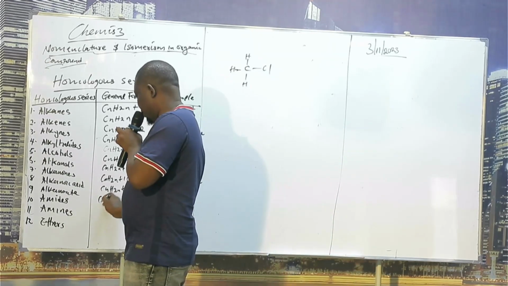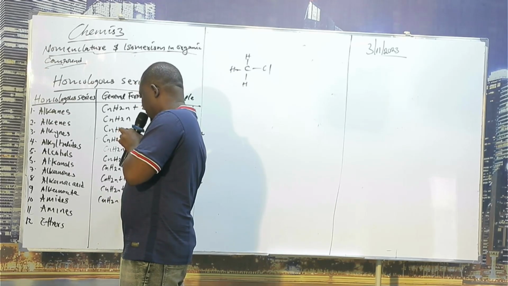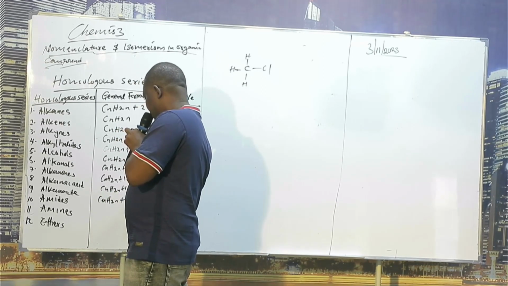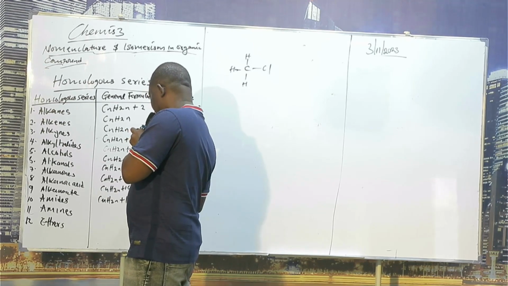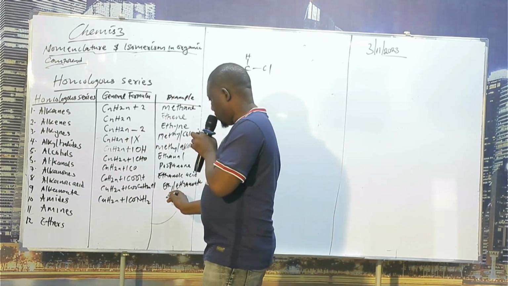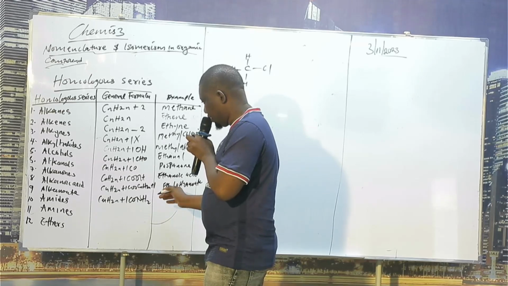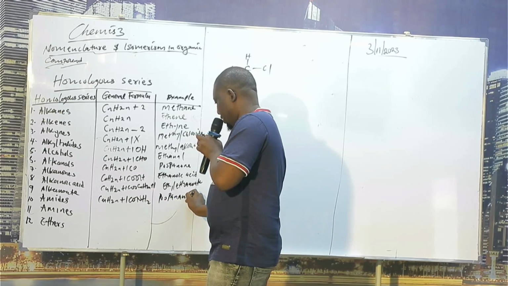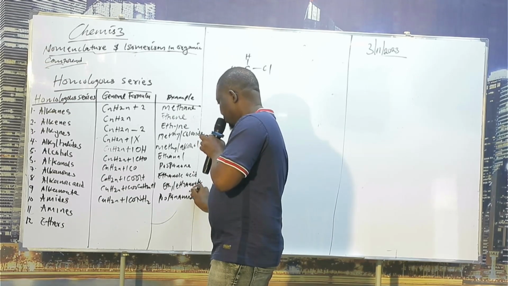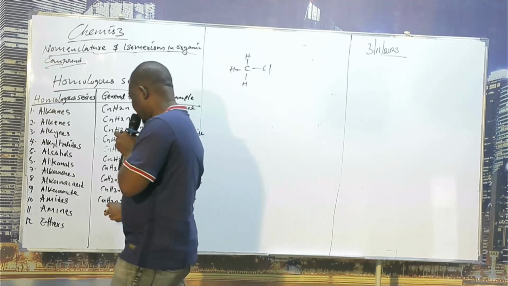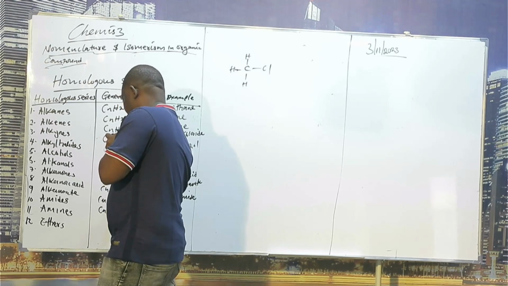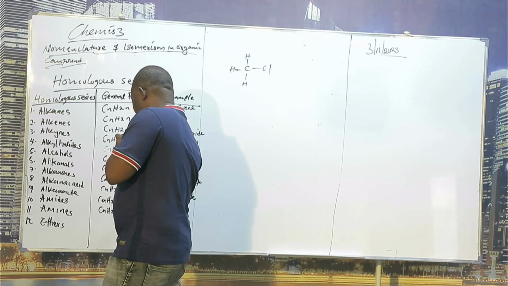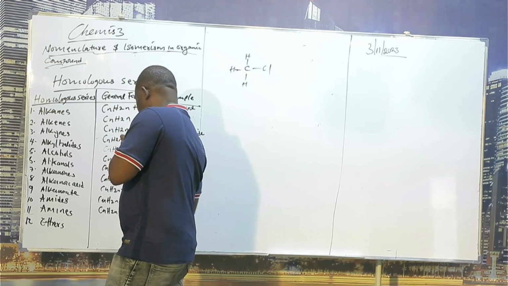Next member is CnH2n+1CONH2. Commonest member is propanamide. Then this one is CnH2n+1NH2.